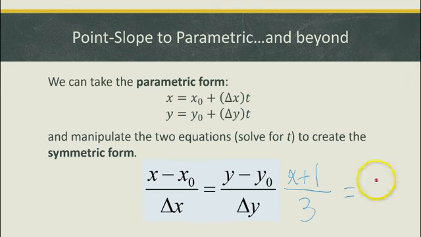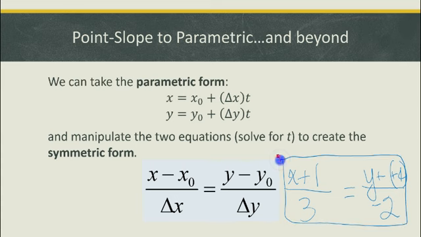Equals, and then it's my y minus my y naught, and my y naught was -4, so that's actually y plus 4, over my delta y, which was the numerator of that slope we saw a few minutes ago, and that would be -2. And this is how we would write the symmetric form of the equation of that line in the plane.